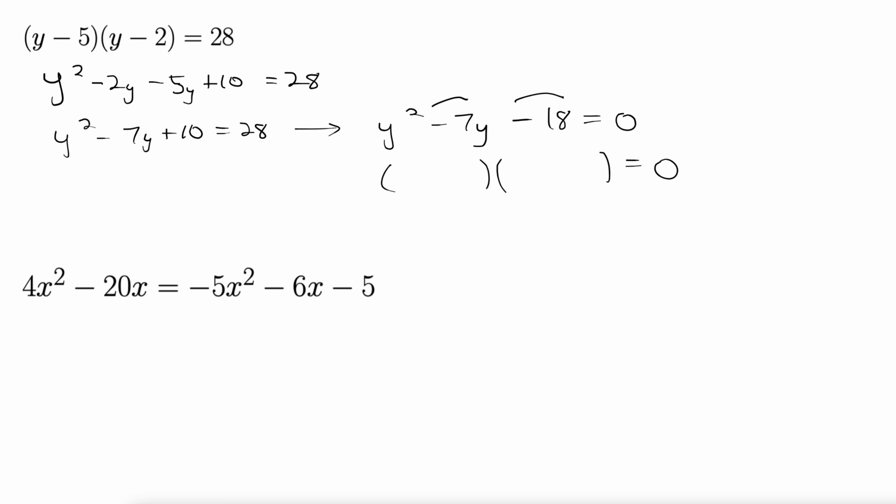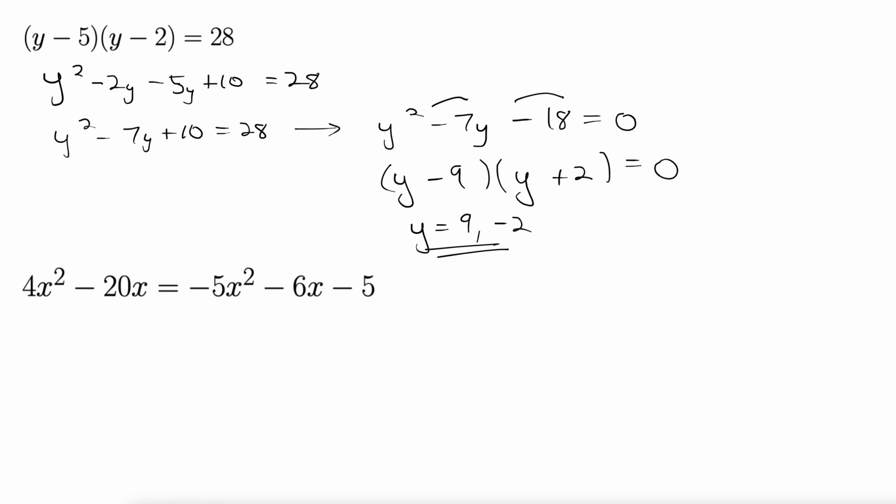How about negative 9 and positive 2? Y minus 9, y plus 2. Now we set each one of these terms equal to 0, that's the zero factor property, and solve. That gives us y equals 9 and negative 2.